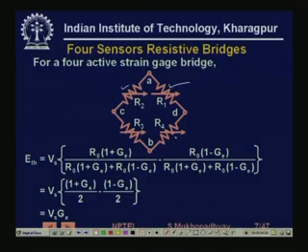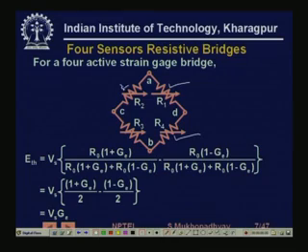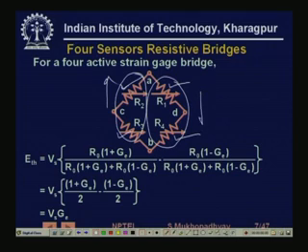So typically, as we have seen in the case of strain gauges, we put the strain gauges in such a manner that if R1 increases, R4 will decrease, and even to increase the sensitivity, we put it in such a manner that R2 will increase and R3 will decrease. So this bridge ratio is going to go up because R2 is increasing and R3 is decreasing, and the other bridge ratio will go down because this is decreasing and this is increasing.